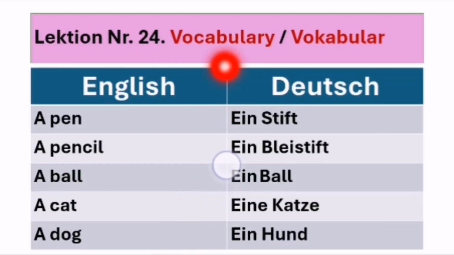And now vocabulary in English and also in Deutsch. A pen, ein Stift. A pencil, ein Bleistift. A ball, ein Ball. A cat, eine Katze. So here is the difference. Eine, because Katze is a feminine noun. A dog, ein Hund.